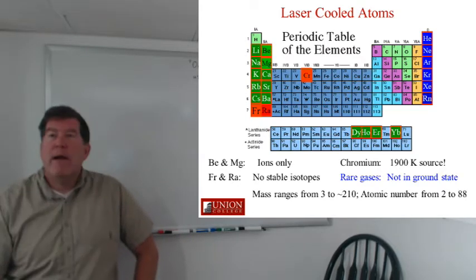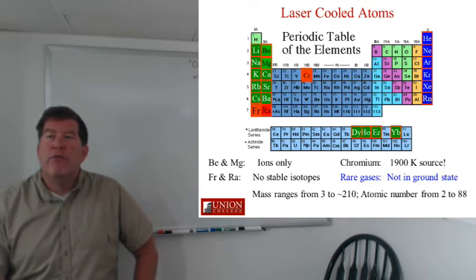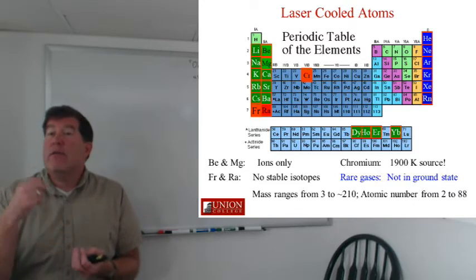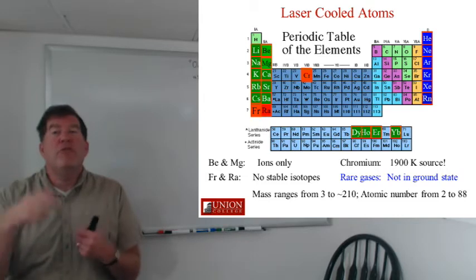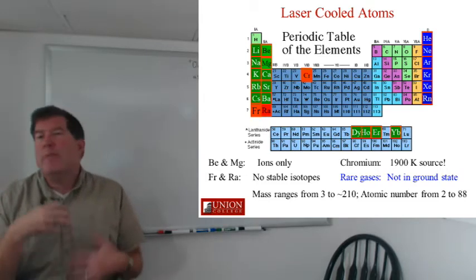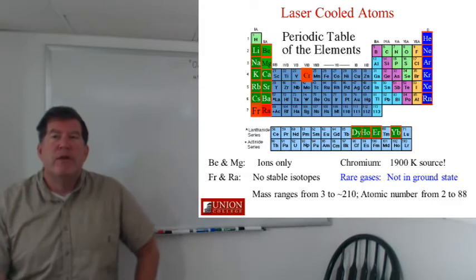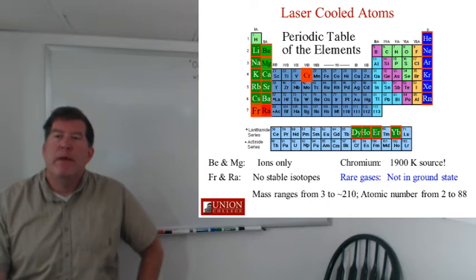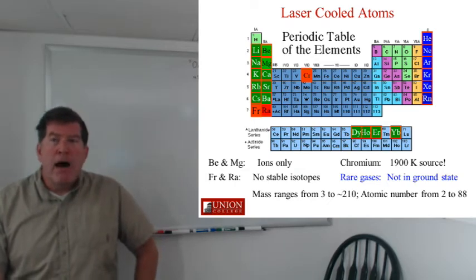I mentioned that the rare gases, helium all the way down through radon, have all been laser cooled. Those don't start in the ground state. It turns out that the laser cooling transition that you use starts in a higher energy state that has an extremely long lifetime, and that opens a whole bunch of really interesting possibilities, which I say because that's what my PhD thesis research was in.